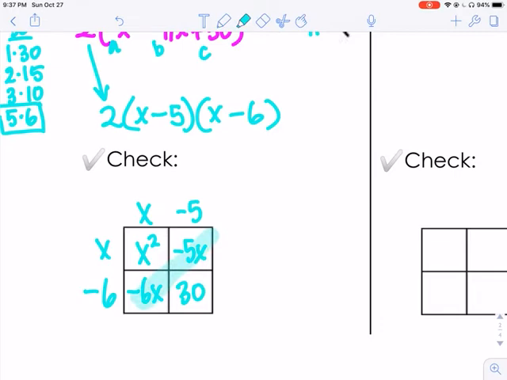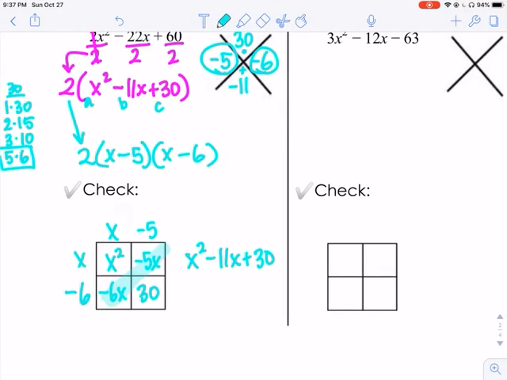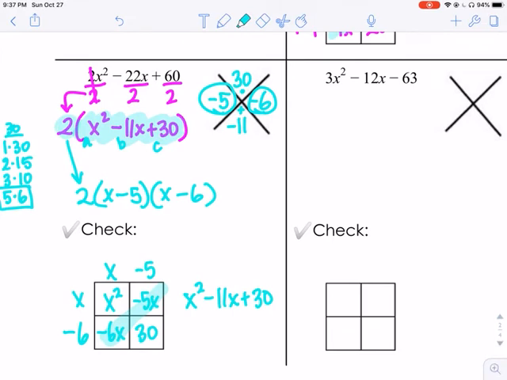These add up together to give me negative 11, so x squared minus 11x plus 30. I can see that's what I had right here, right? And then I know if I multiply by 2, I get back to where I started. So I know that what I have written here is the correct version and my answer.